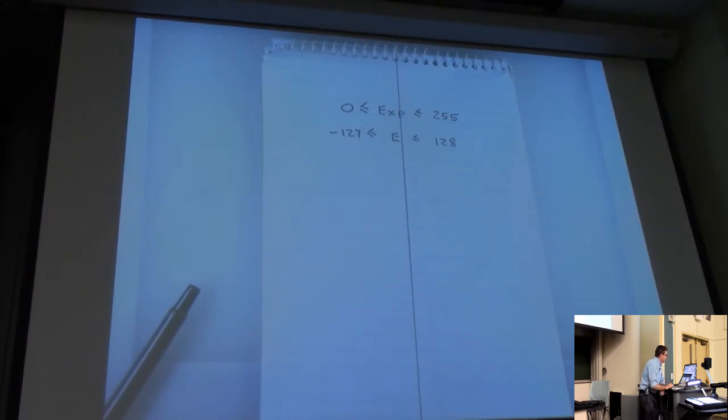Now remember this is a normalized number because the exp field is non-zero. A frac field of all zeros represents a significand of 1.000.